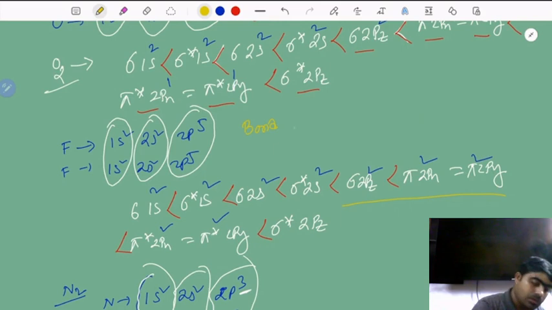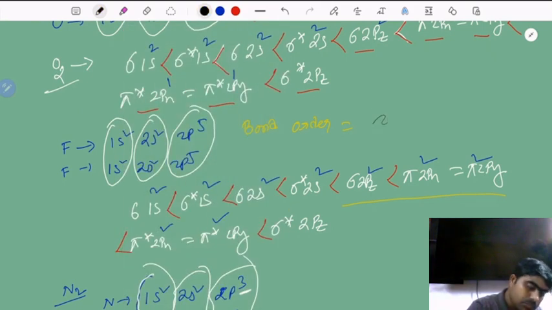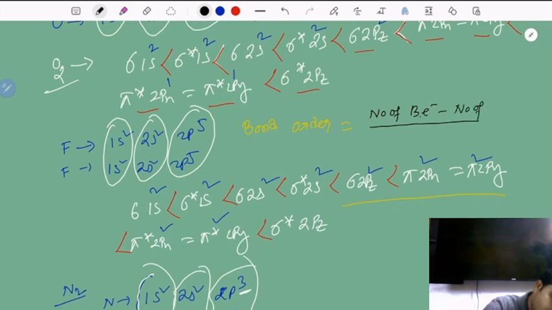What is bond order? Bond order is equal to number of bonding electrons minus number of anti-bonding electrons, divided by 2.